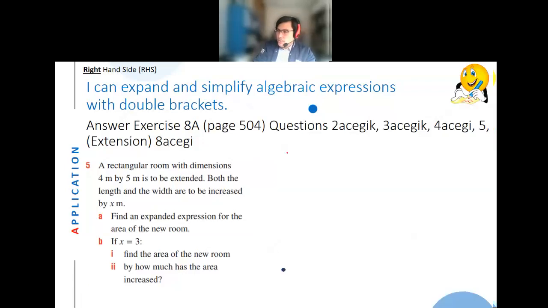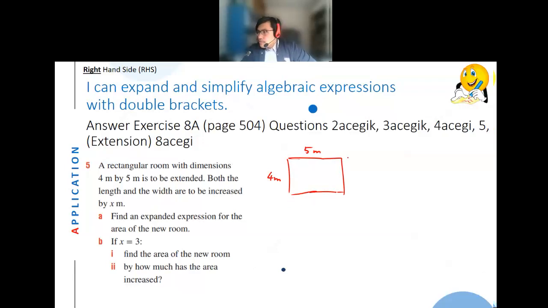Now first I'm going to draw a rectangular room. Okay, now it's a very bad drawing, so just imagine that this is a rectangle. So we have 4 meters by 5 meters. Then both the length and the width are to be increased by x meters.